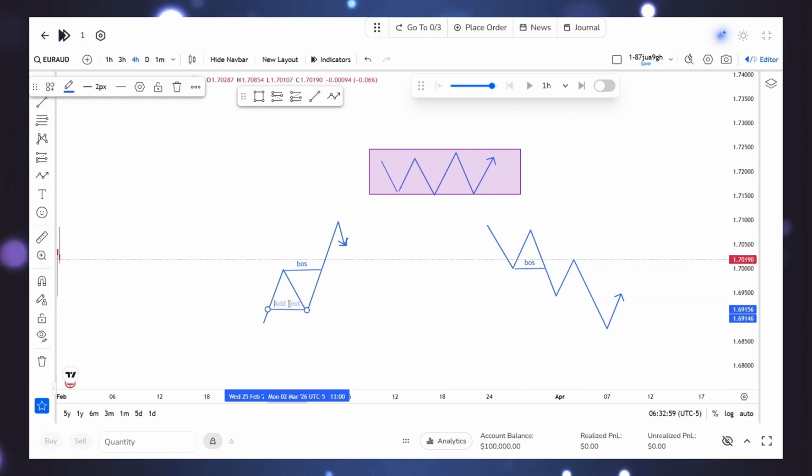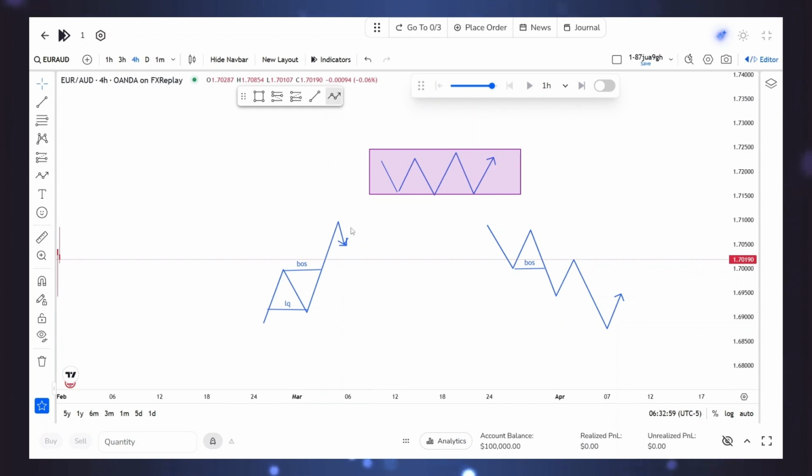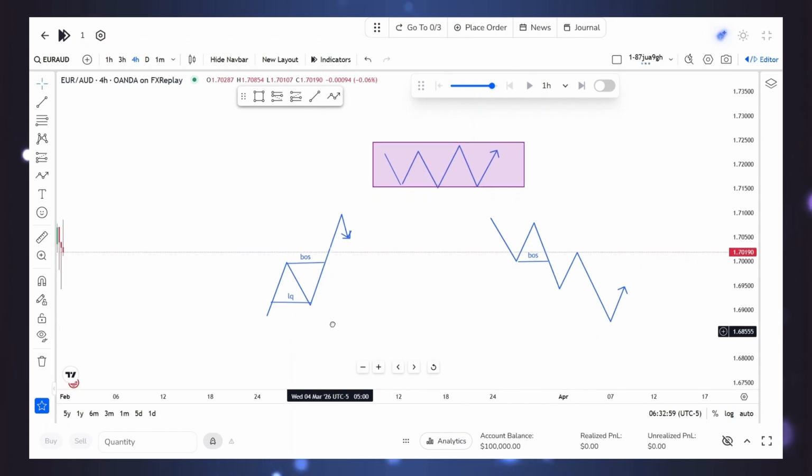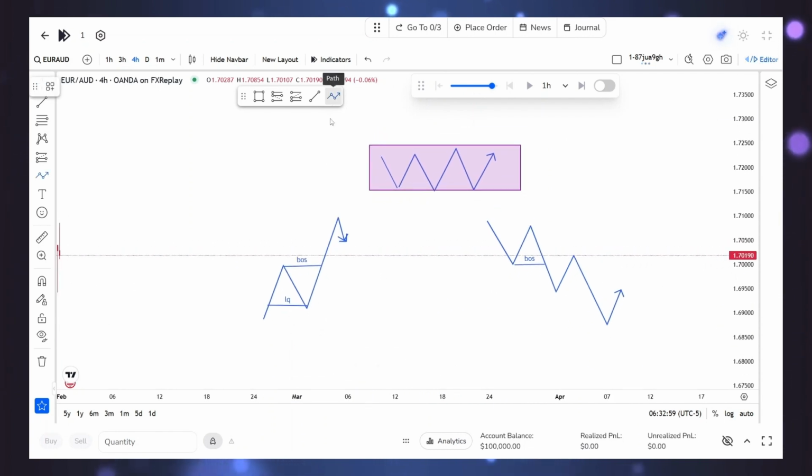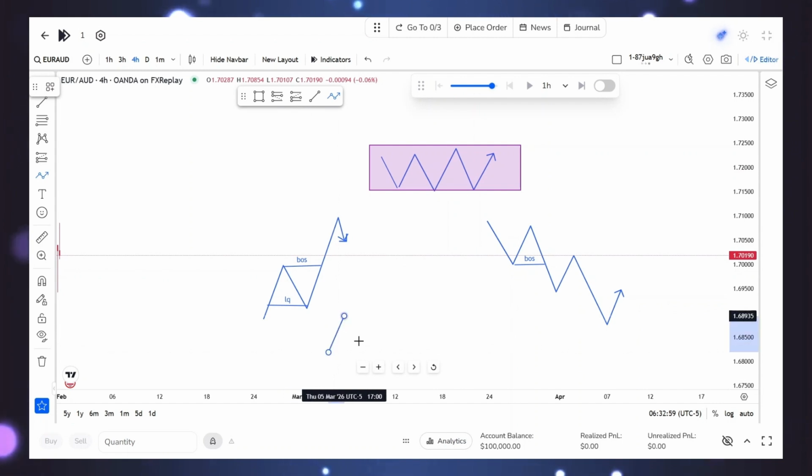If there's no liquidity there, then it must generate liquidity here. Let me make another example. If there's no liquidity here, it should generate liquidity on the order block, for you to enter like this.